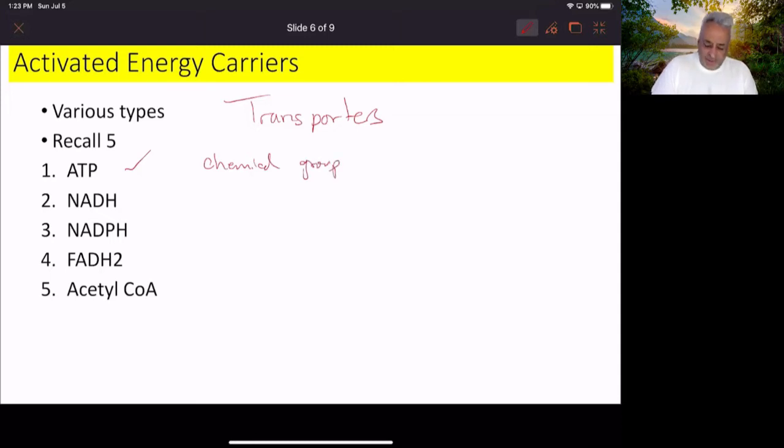In contrast, both NAD and NADP, they both carry electrons and they can carry protons at the same time. So 2 and 3 are equivalent to a taxi cab that can carry passengers in the back seat and in the passenger seat on the front.